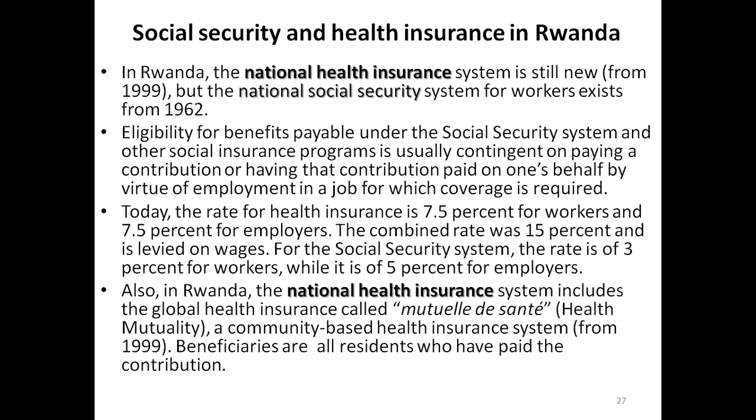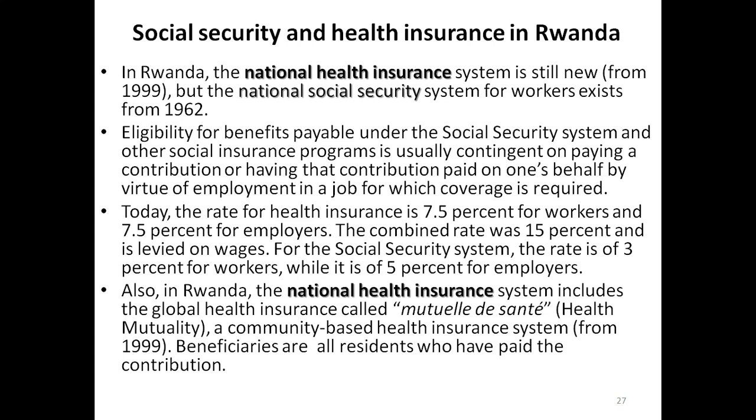Eligibility for the benefits payable under the Social Security System and other social insurance programs is usually contingent on paying a contribution, or having that contribution paid on one's behalf by virtue of employment in a job for which coverage is required.